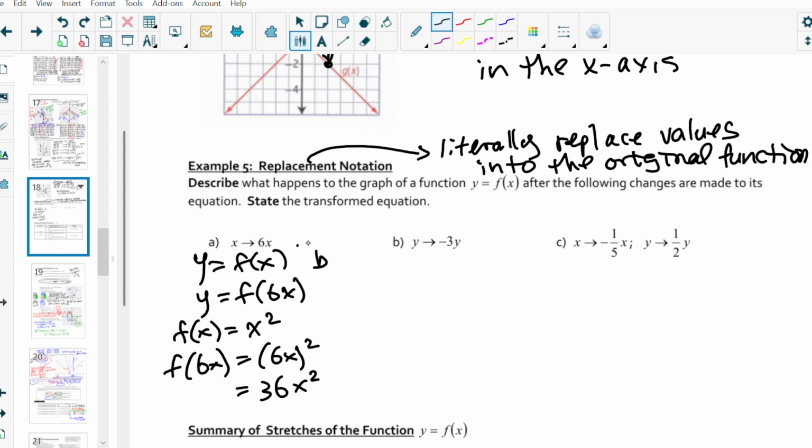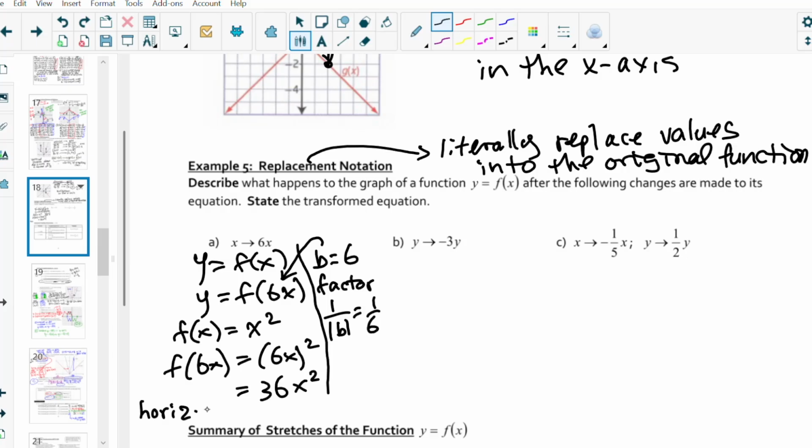Okay, our b value equals 6. But what's the stretch factor? So the factor is 1 over the absolute value of b, so that's 1/6. So how would I write this?